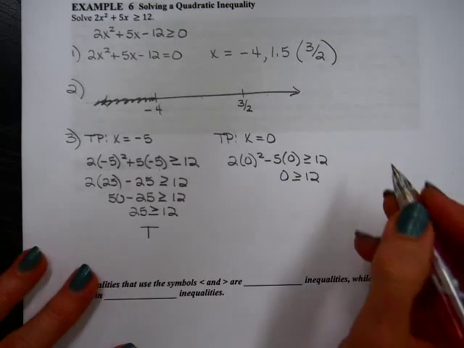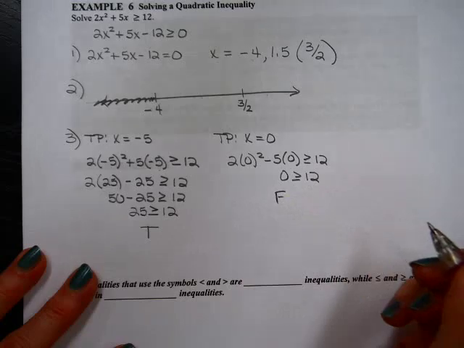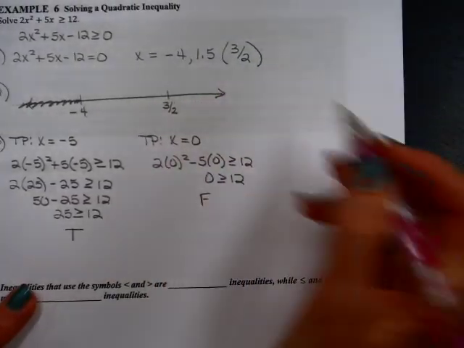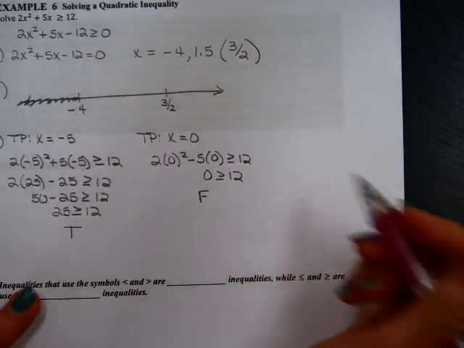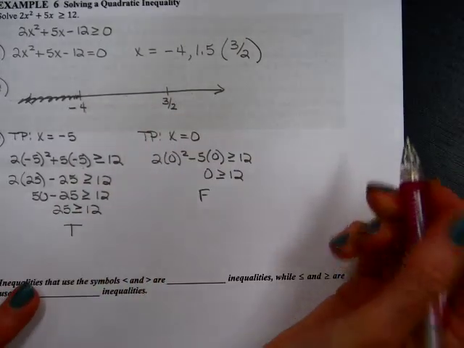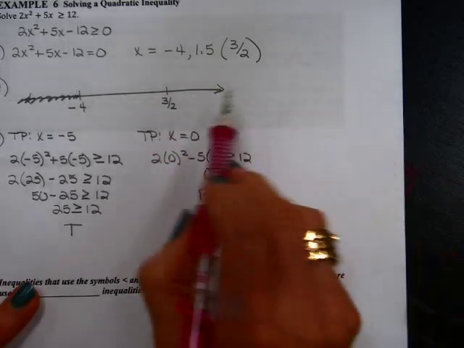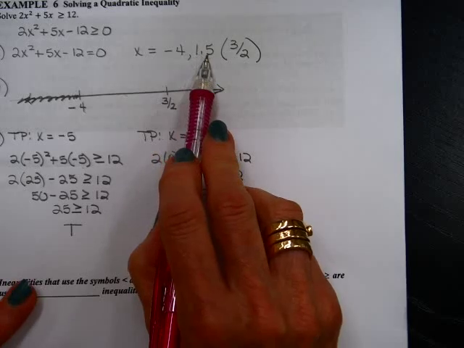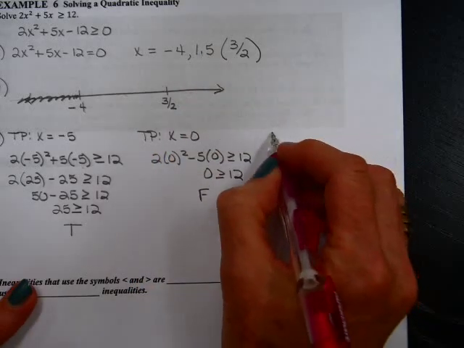Is that true or false? Well, that's false. 0 is not bigger than or equal to 12. So now we know that these points don't work because 0 didn't work, nothing in here will work, and now we've got to test these points up here. Well, let's pick a point that's bigger than 3/2. That's bigger than 1.5. So we could choose 2.